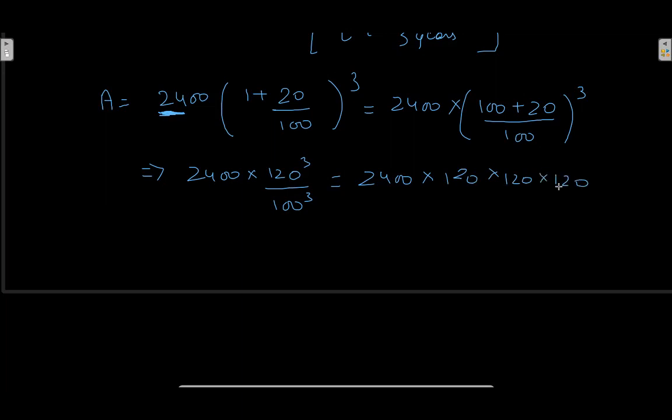into 120, and this gets divided by 100 into 100 into 100. I feel this is an easier way to solve it because I have too many zeros above and too many zeros below, and almost all will vanish, all disappear but for one.